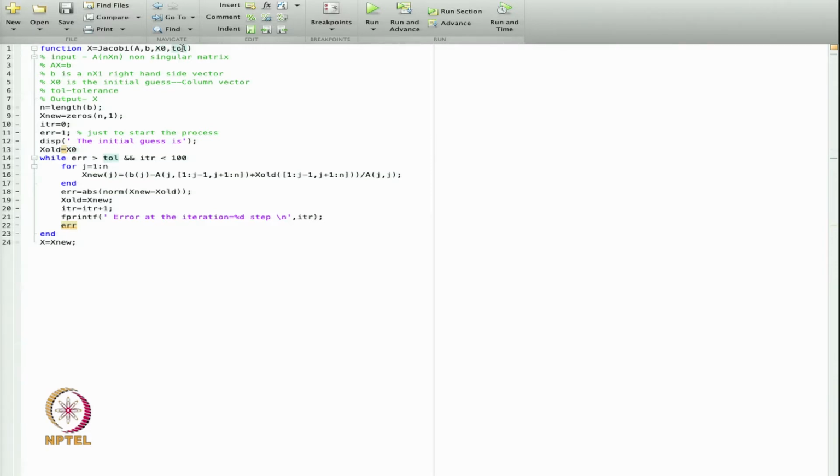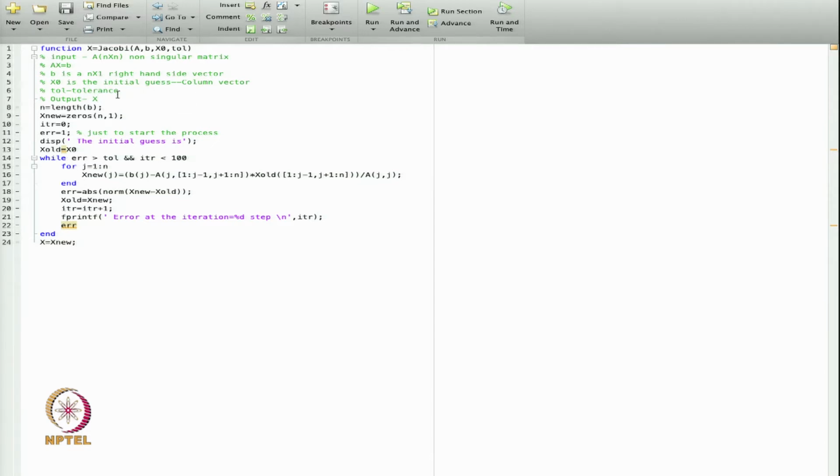Because this is an iterative process, I need to give the initial condition and the tolerance, and the output will be the solution. I have written there that the input A should be a non-singular matrix, Ax equals B is my system, B is my right hand side vector, x naught is the initial guess, a column vector, and this is the tolerance.